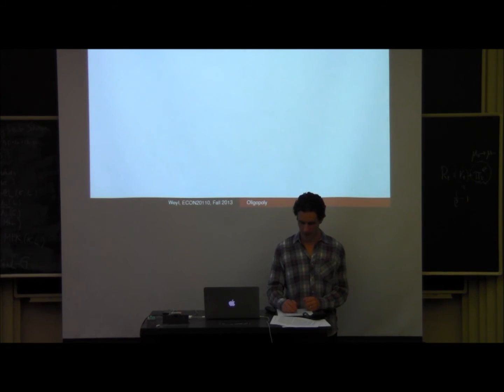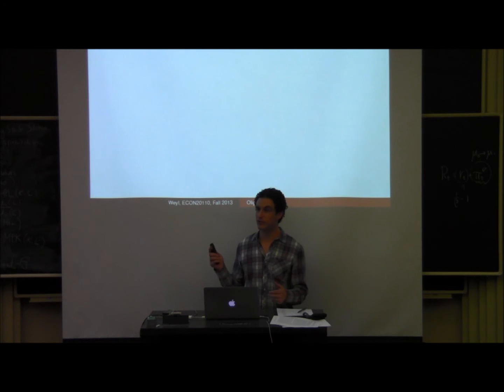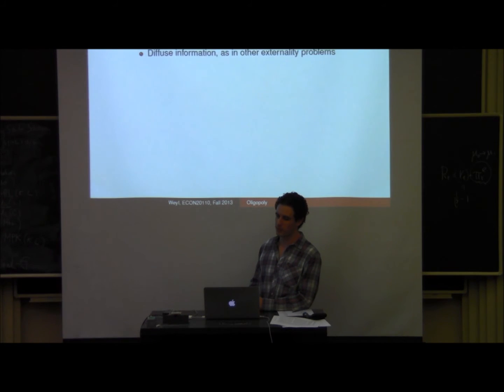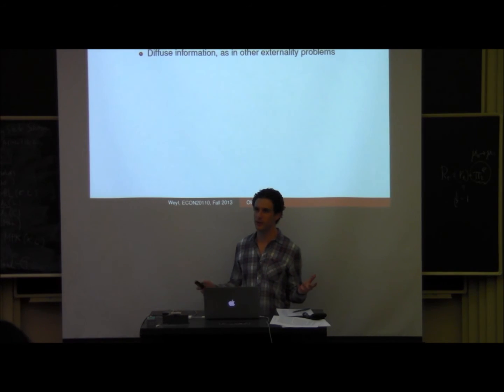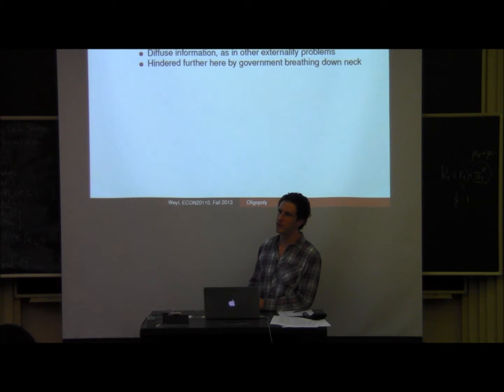Exactly. First of all, you have to even determine what the optimal agreement is, which is a problem because, as we know from externalities, there's usually diffuse information about what the right level of something is. And the communication that's necessary to achieve that is further hindered. It was already really problematic, even if you could do it legally.